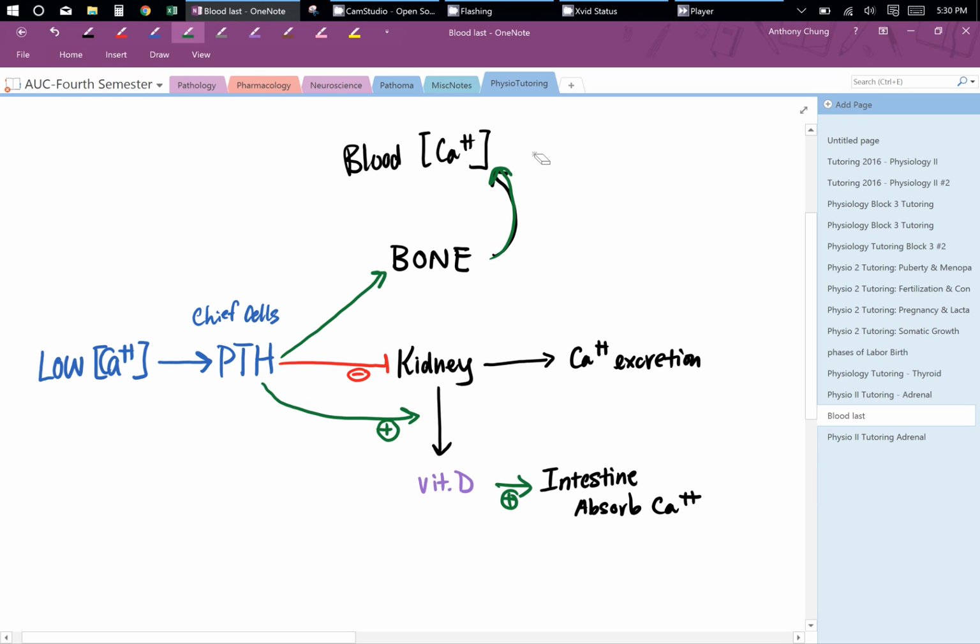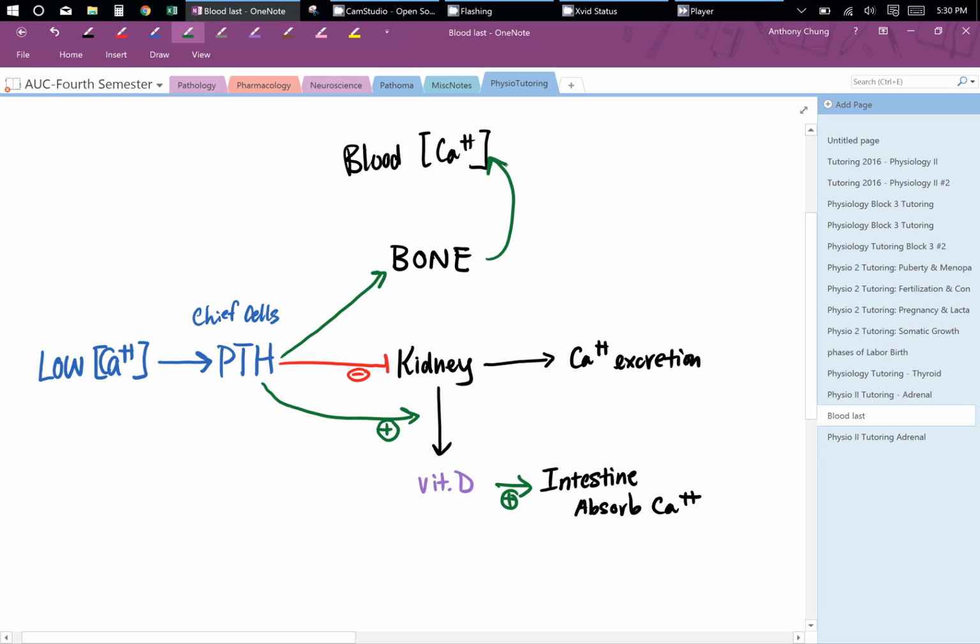And this is all good, except one problem is that bone is basically made out of calcium and phosphate, right? Calcium and phosphate makes up bone. So if you're degrading bone and making both calcium and phosphate and that ends up in the blood, you don't want it to just start precipitating and forming into bone right in your circulatory system.